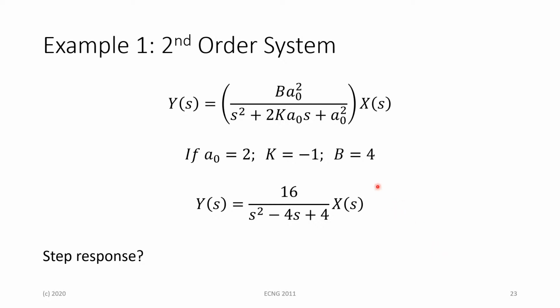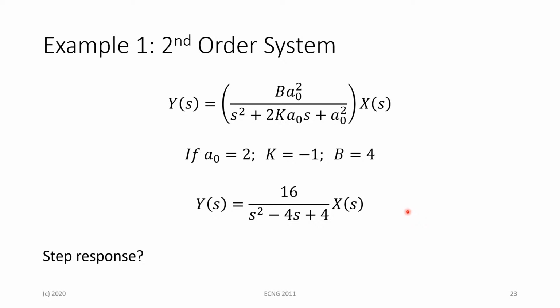So let's watch this for a general second order system equation, and substitute values for k, holding a0 and b constant. We're going to observe this for when k is a negative value, when k is a positive value greater than 1, and when k lies between 0 and 1, observing the effect on Y of s, and when we transfer it back into Y of t, and plot the output graphs.